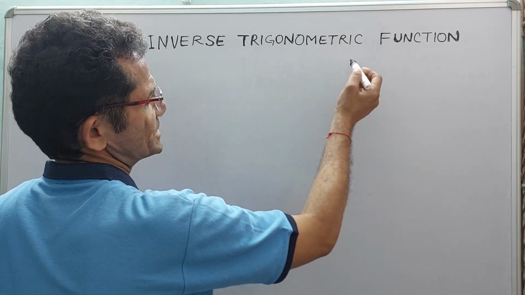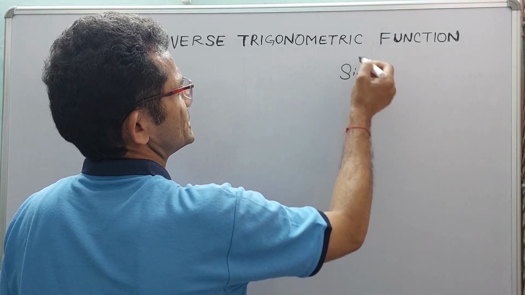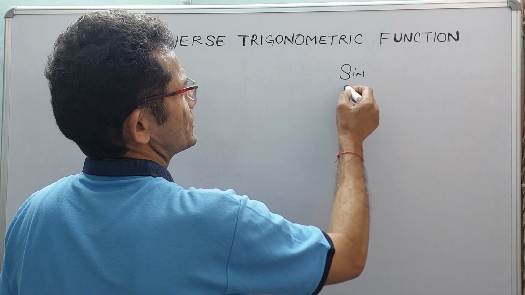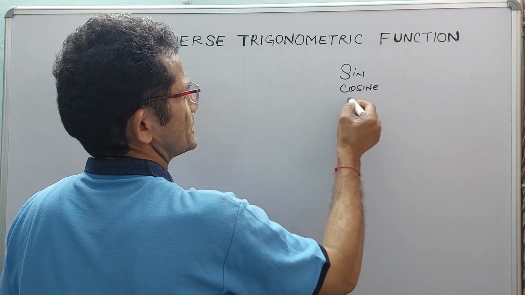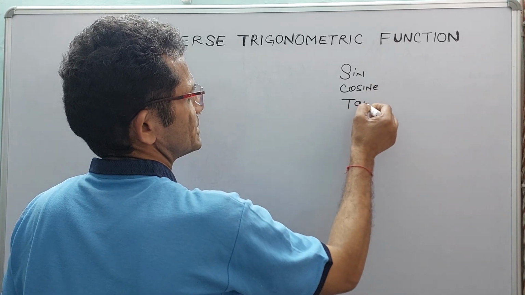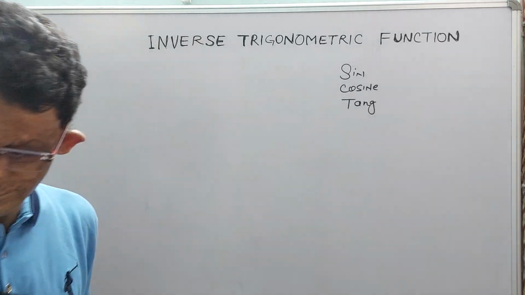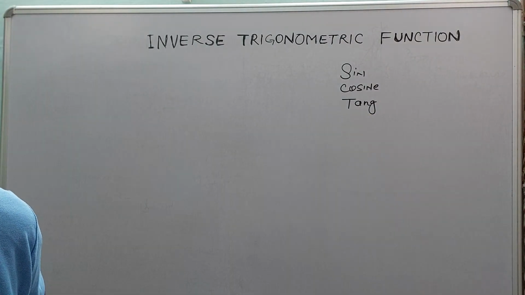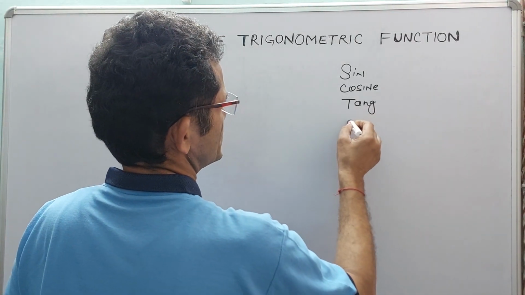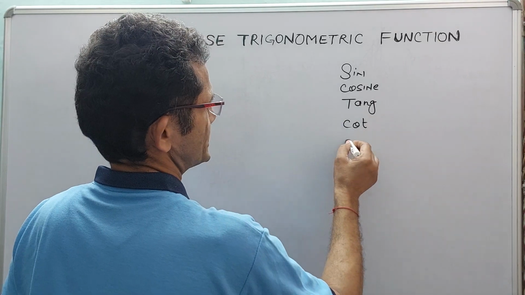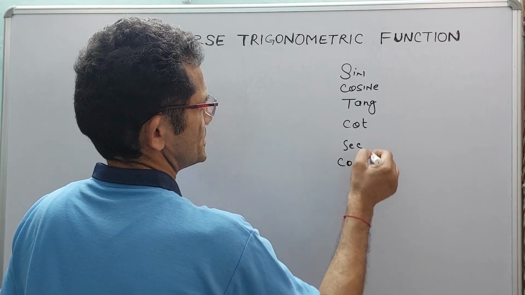The six trigonometric functions are sine function, cosine, tangent, cotangent, secant, and cosecant.